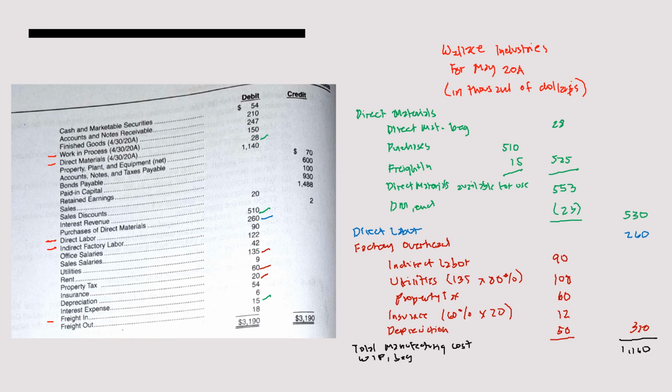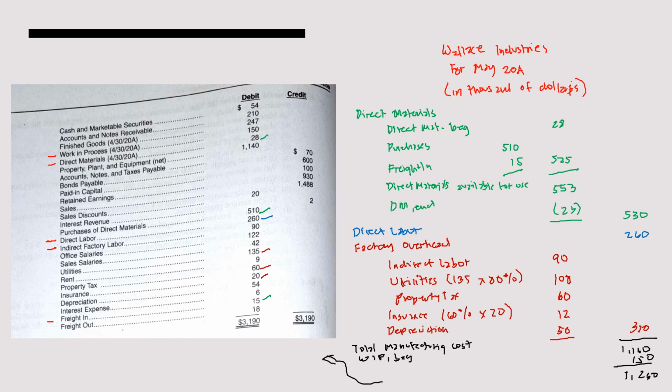That's work in process beginning here is 150. So you just add that up. So this totals to 1,260. Okay, let's continue here.